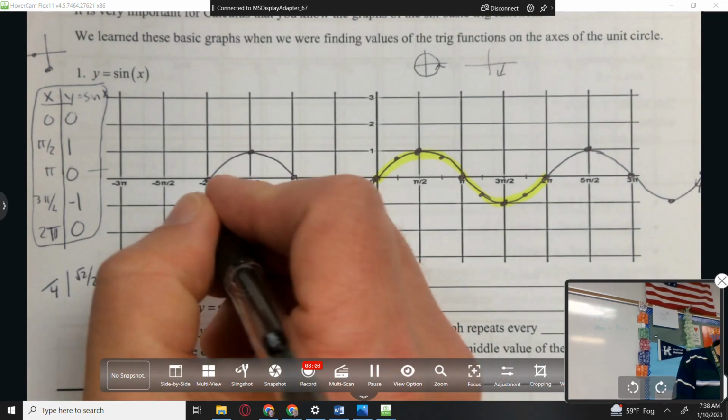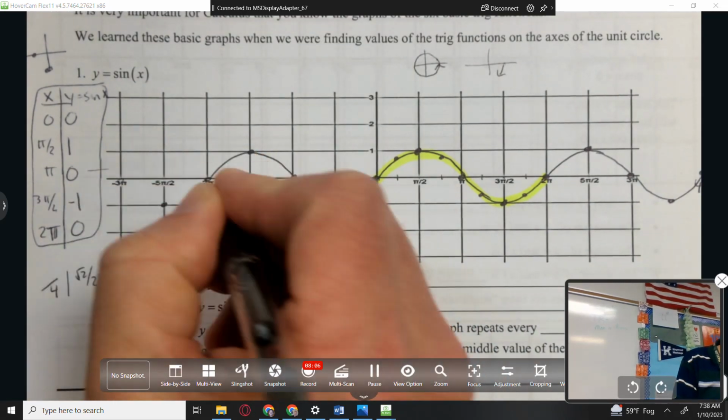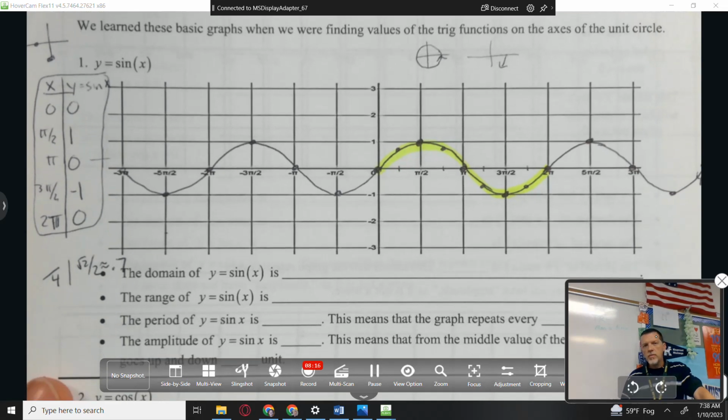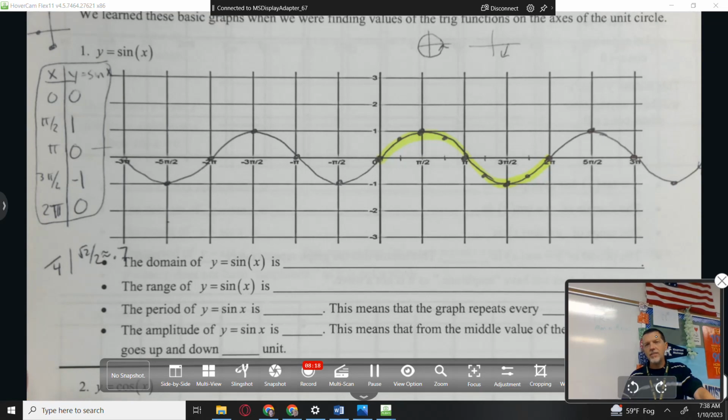And we could even keep going if we fill out the graph here. So that's the graph of y equals sine of x.